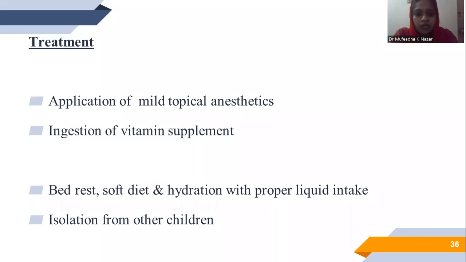Apart from these medications, patients should be advised to take bed rest, take a soft diet, and be well hydrated with proper liquid intake. Since this infection is contagious, it is also important to isolate children or patients with herpes simplex virus infection from other children to prevent spread of disease.